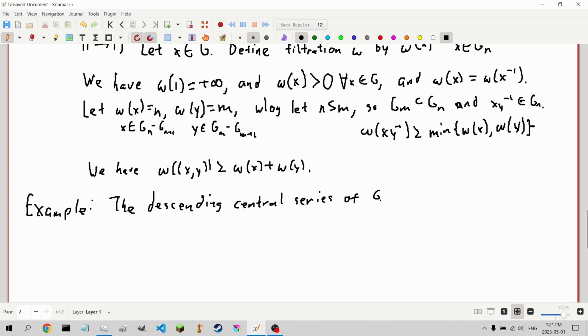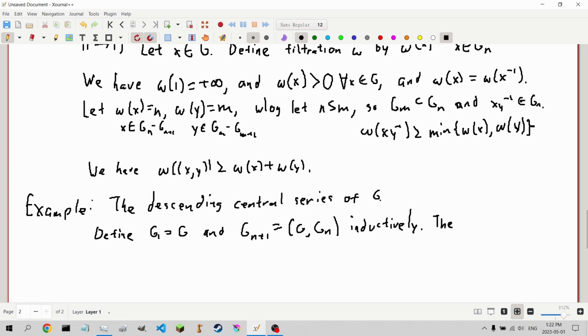Quick reminder, we define G1 to be G, as you must, and we define G of n plus 1 to be the commutator subgroup of G and Gn, and this works inductively.